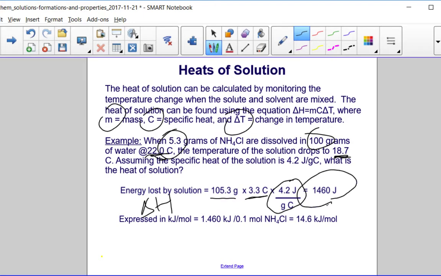In kilojoules per mole, that would be 1.460 kilojoules per 0.1 mole of NH4Cl.